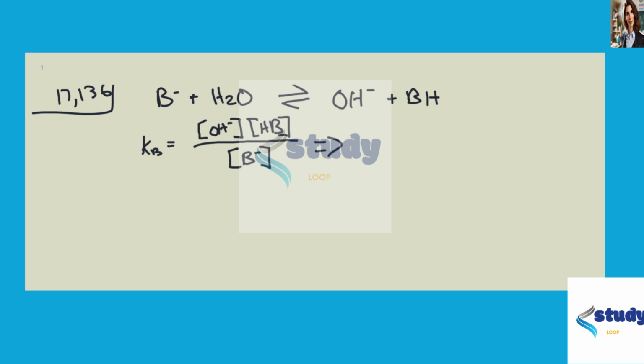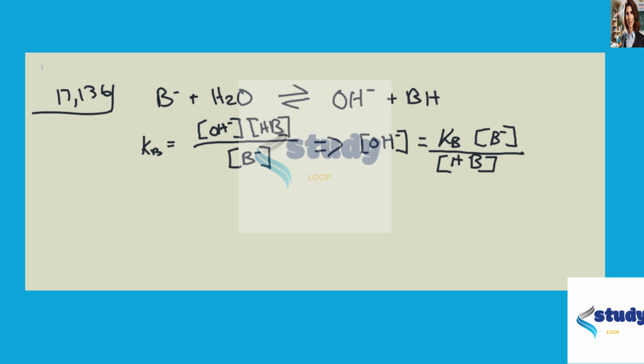Now we can rearrange this to be solving for the concentration of OH minus, which is equal to Kb times the base over HB. So now let's switch colors.